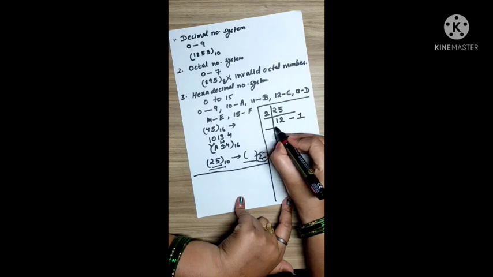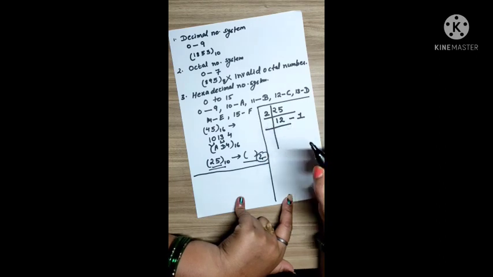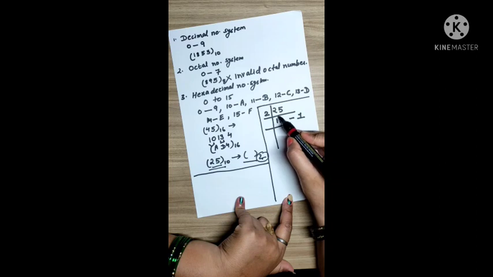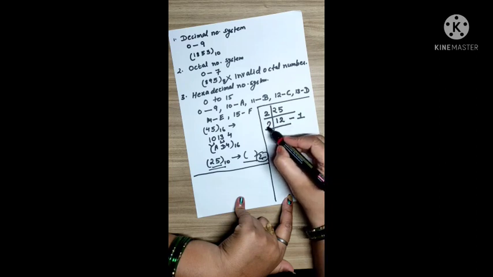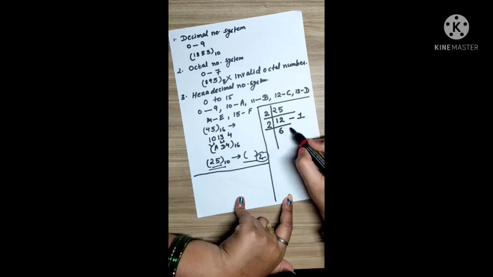Same way, now 12 will again be divided by 2, until you get the quotient as 0; you keep on dividing it. Here now what is the value of the current quotient? 12. So we'll again divide it by 2. It will be 2 6s are 12. Now when you divide it, it is fully divisible, so the remainder will be 0.